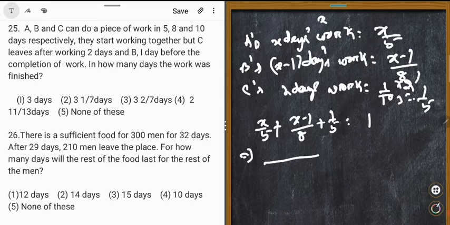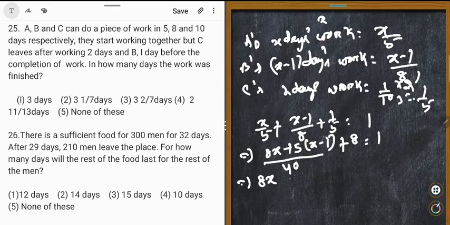This implies that the LCM is 40. 40 divided by 5 is equal to 8, so 8 into x is 8x. 40 divided by 8 is equal to how many? 5. 5 into x minus 1, plus 40 divided by 5 is equal to 8. This implies that 8x plus 5x minus 5 plus 8 upon 40 is equal to 1.